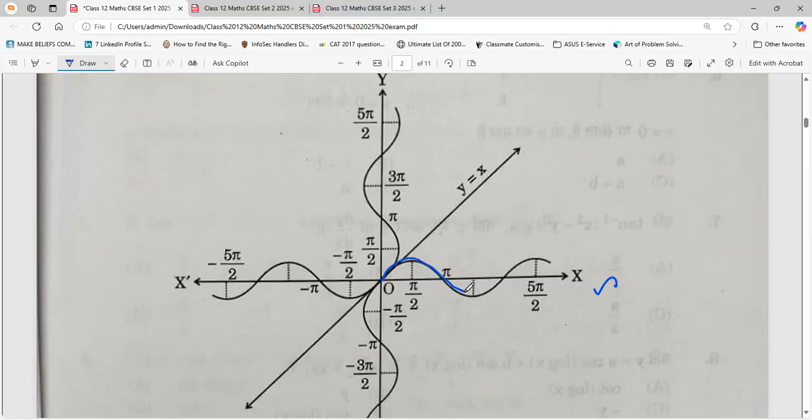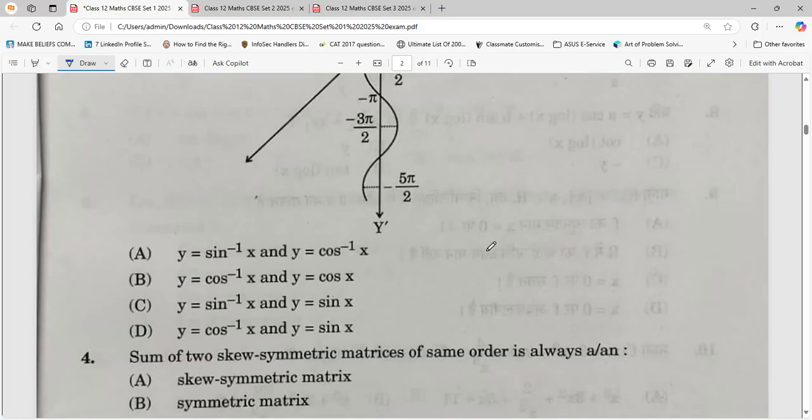If you observe, it is a sine curve being 0 at x equal to pi, at x equal to 2 pi, and so on, and at 0 also. So one of the curves is definitely sine x graph. Do we have sine x in one of the options? We have sine x in these two options, so we can eliminate the first option and the second option.